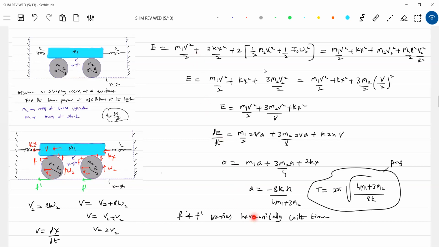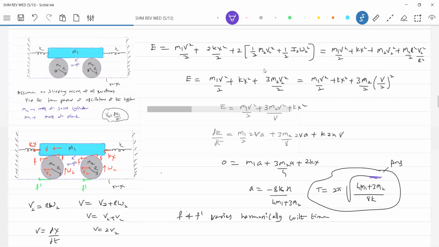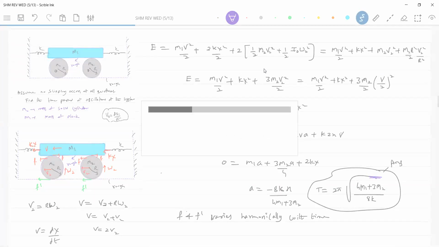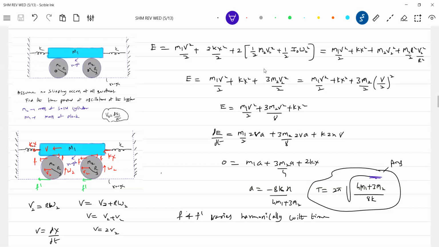The energy method will simplify it. Don't be surprised if they bring one more spring force here also; still it will work out.